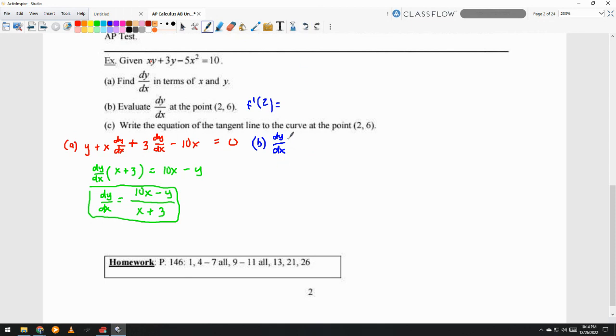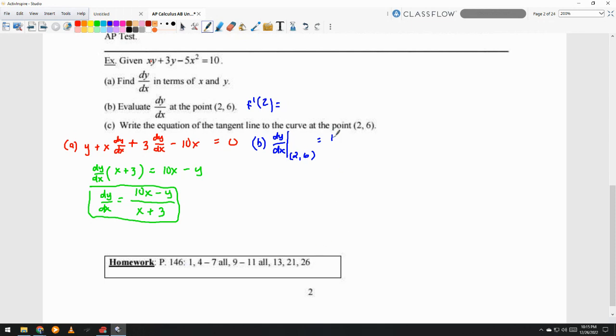Vertical line means evaluate. And then at the bottom of your vertical line, we're going to put where we're evaluating this. So at the point (2, 6). And we will need both the x and the y because our derivative has both x's and y's in it. Oftentimes when we've done explicit differentiation, we have only needed the x coordinate of that point because our derivative only had x's in it. But now our derivative has x's and y's, so we need both parts of the point.